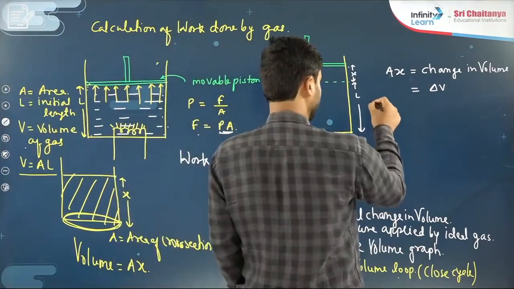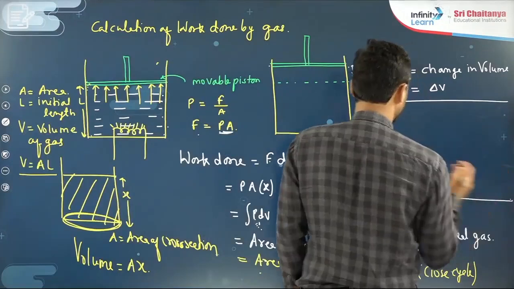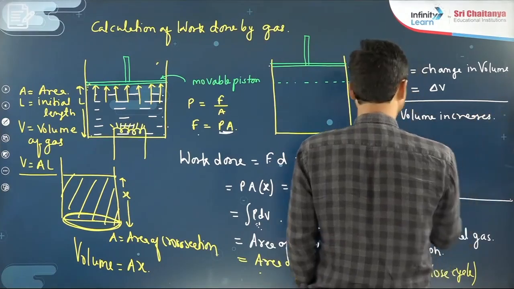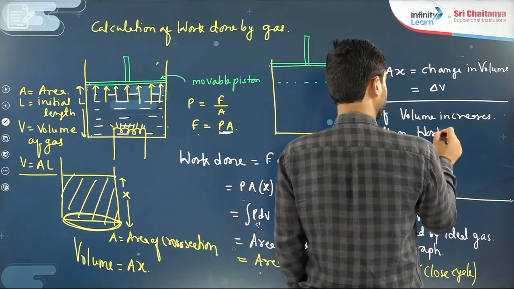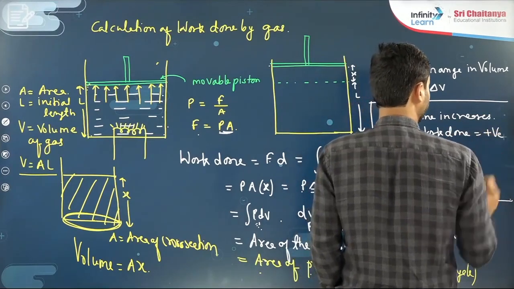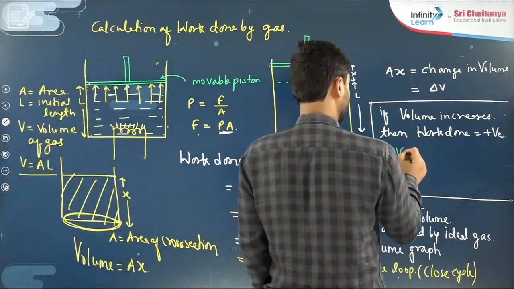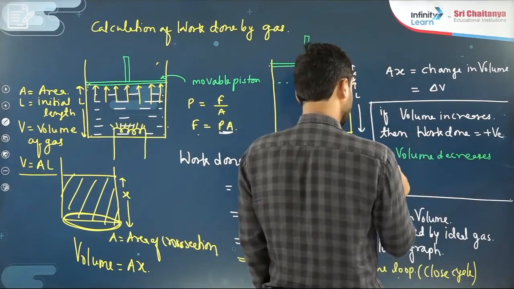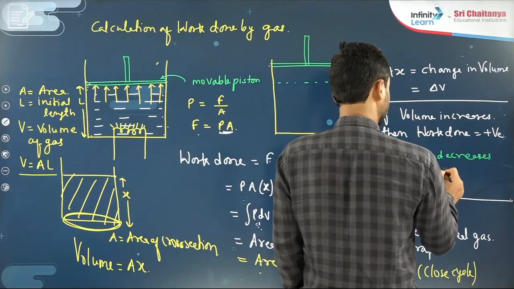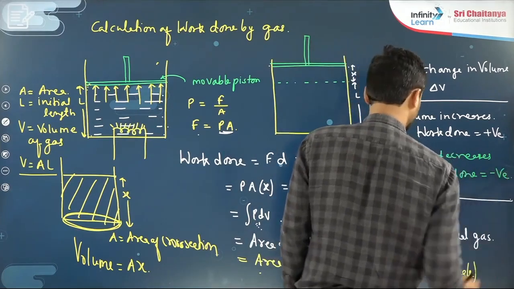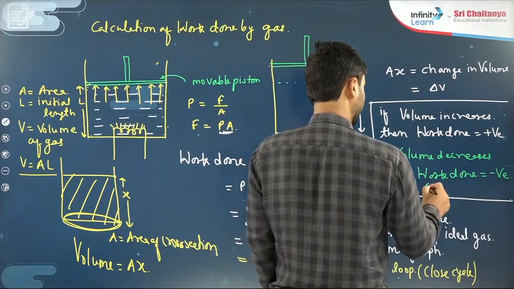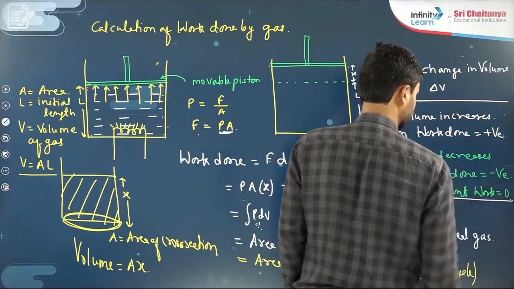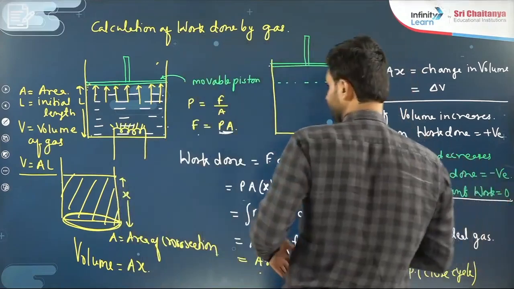So here you can write this particular point: if volume increases, then work done is positive, and if volume decreases, then work done is negative. Volume constant, then work done is 0.